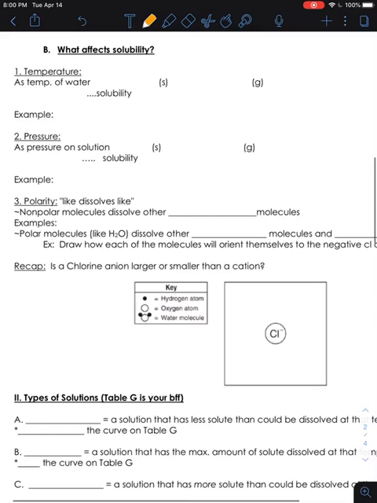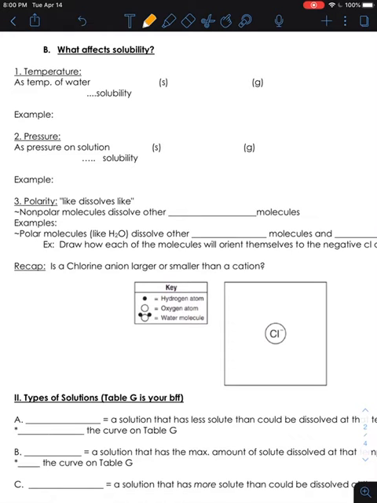All right, so what affects solubility? You might know this because you've probably tried to dissolve something in water before. So you've probably tried to put sugar in water, salt in water, Kool-Aid in water, iced tea mix in water, coffee in water. So keep in mind, we know that if the temperature is hot, like boiling water, that works well to have coffee and tea seep through.